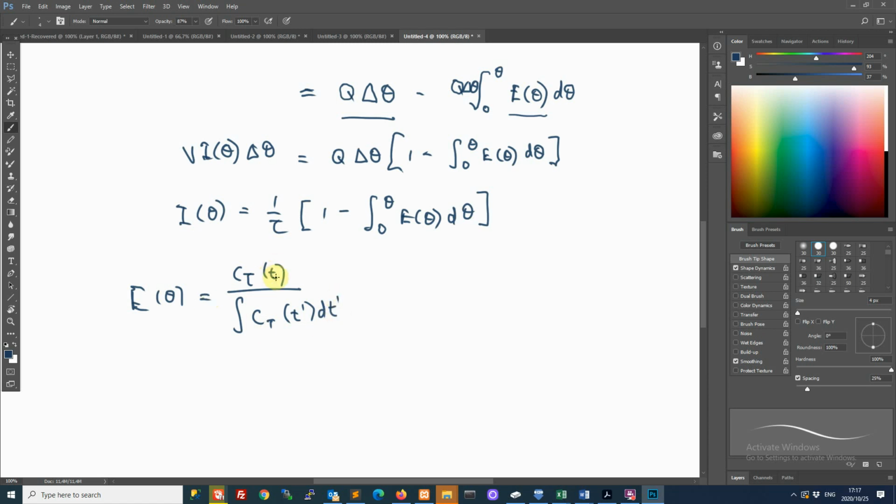And in fact, I should say here theta instead of t. So you just integrate under this function. So that gives you E of theta. So E of theta is some function, so it's something, whatever it is. And then we can stick that same function in here and we can get I of theta.